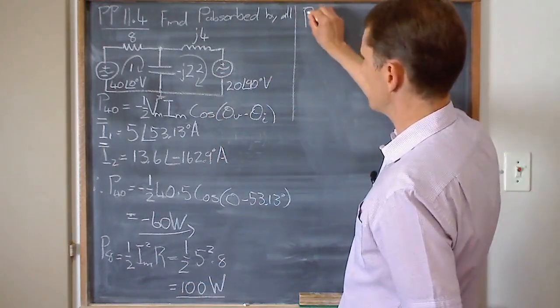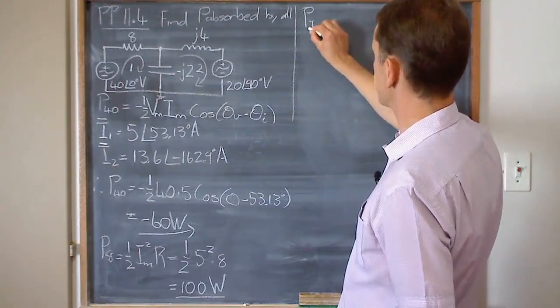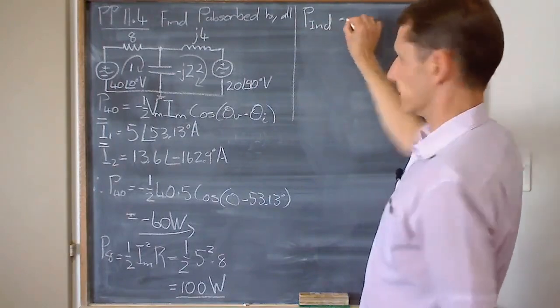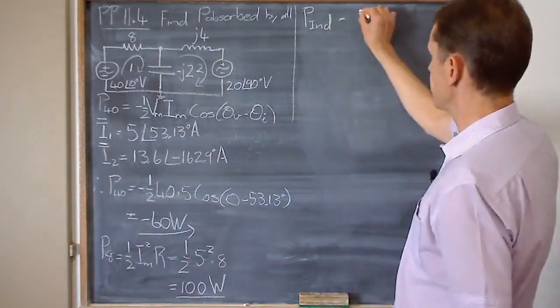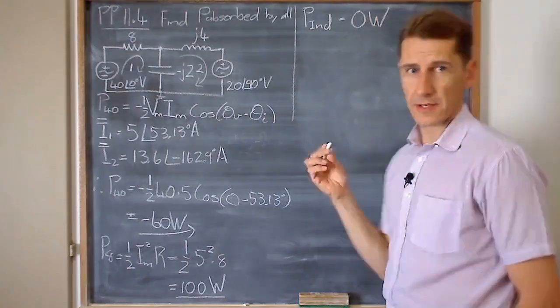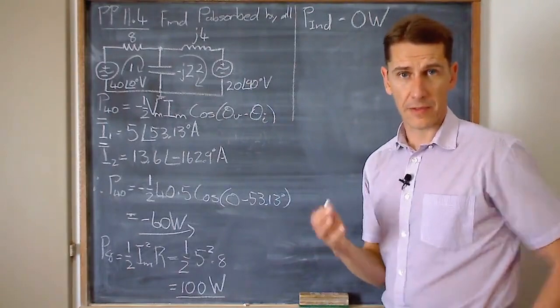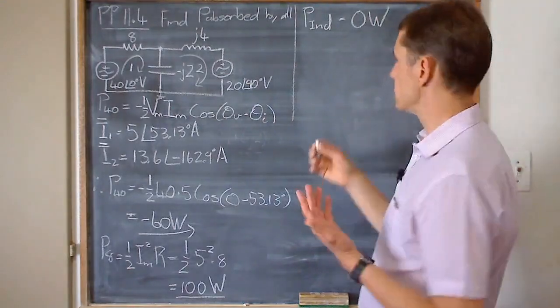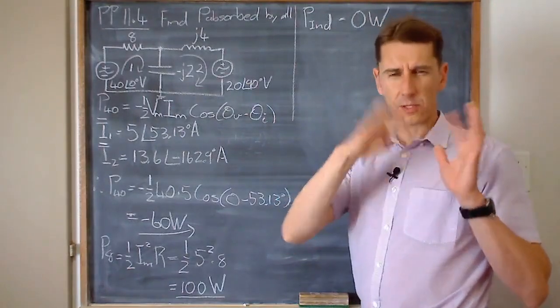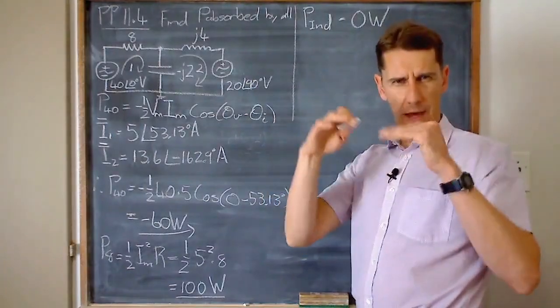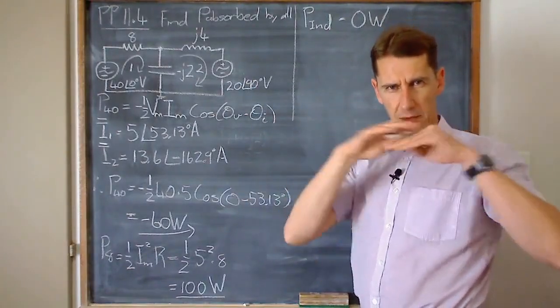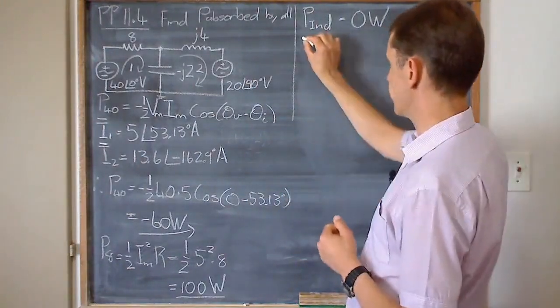Then what is P for the inductor? What did we say? 0 watts. Because an inductor can't absorb or deliver active power. The average power in an inductor, 0. Remember that nice little sine wave that moved up and down, purely inductive, purely capacitive, average 0. Go and check the video again.